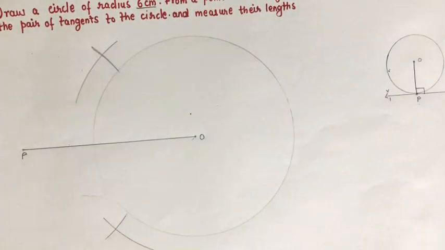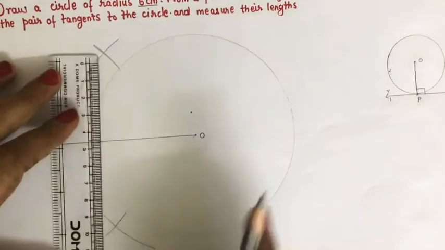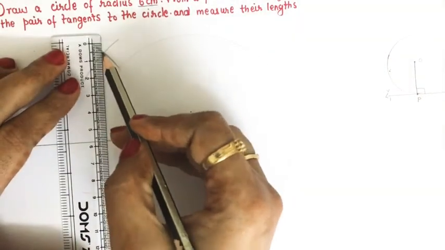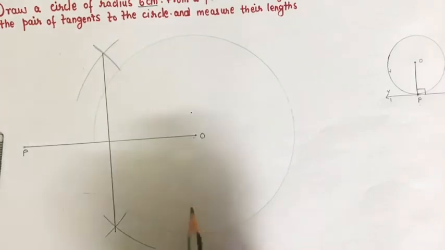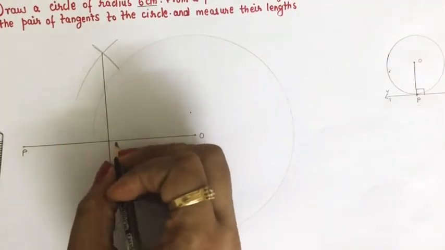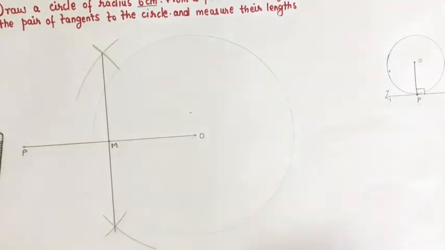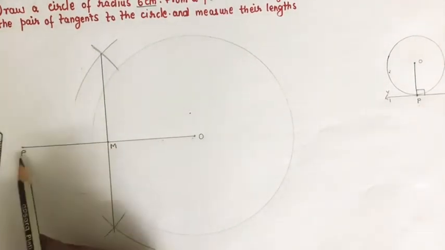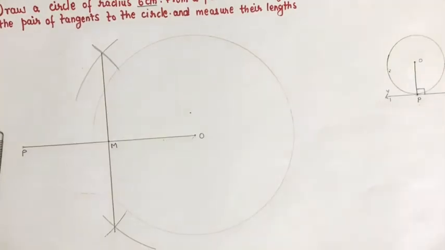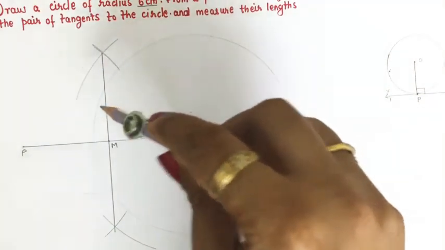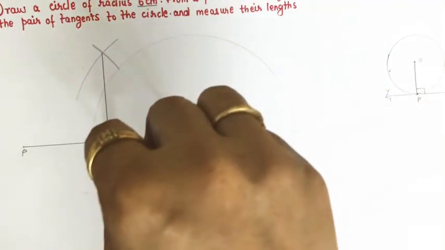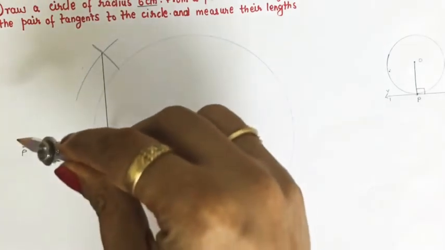Now, next I just want a point here, so I'll join this line. Where it intersects the line OP, that point I call M, right? Now this point M bisects the line OP. The next step would be to take the radius OM or MP.